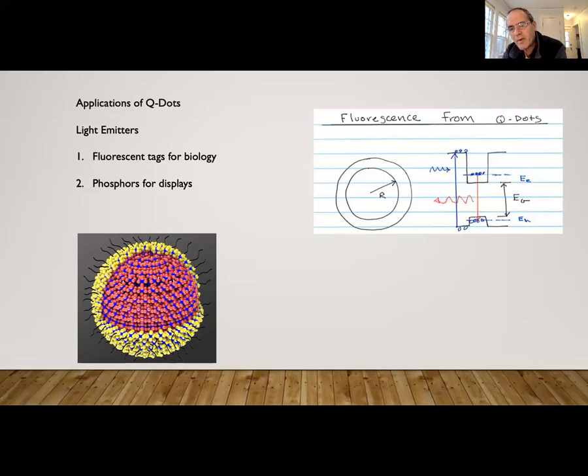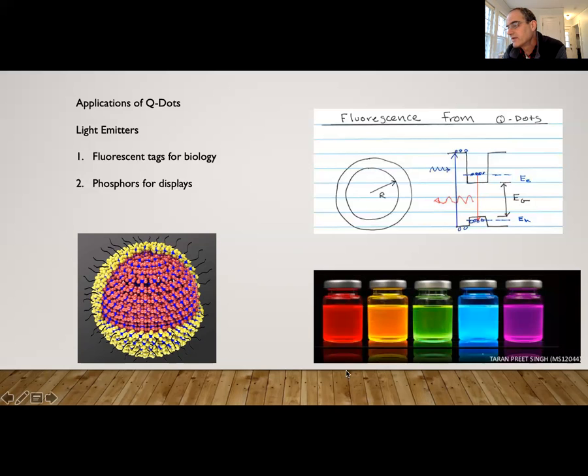It's just a detail from our point of view, but of course it's really important for applications. So in this way, one can make these solutions that bear quantum dots that we've already seen in class. Okay? So the main application of semiconductor quantum dots actually is as fluorescent light emitters.